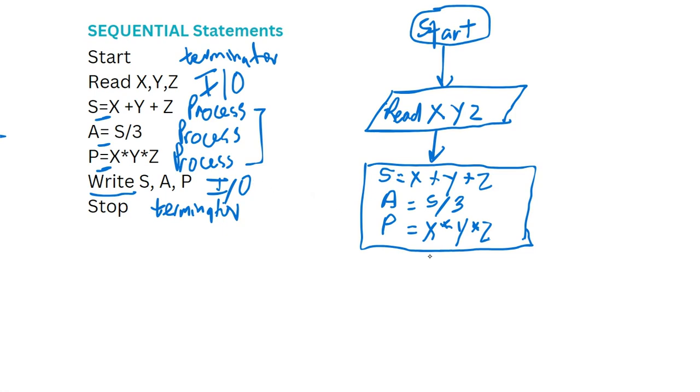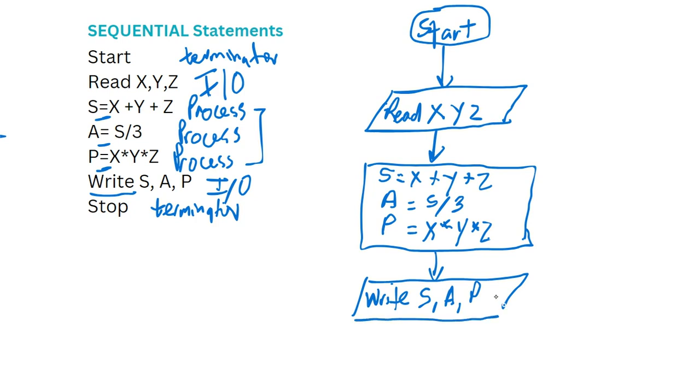Next line is an input output, which is a parallelogram, with a flow line showing the direction of flow. And that says write S, A, P. And the last one is a terminator, where we stop.